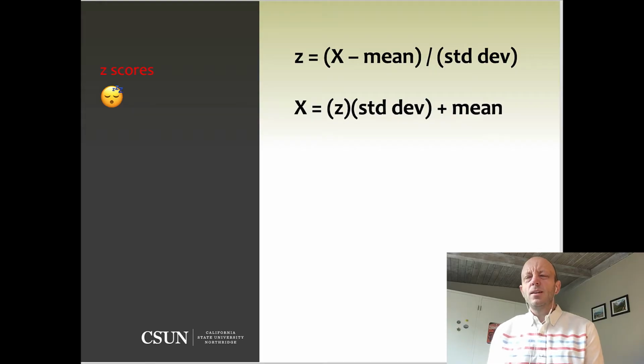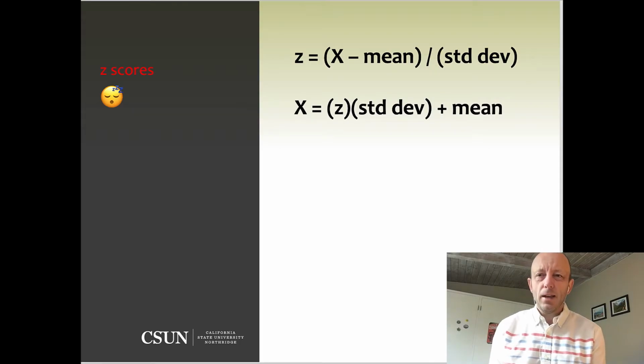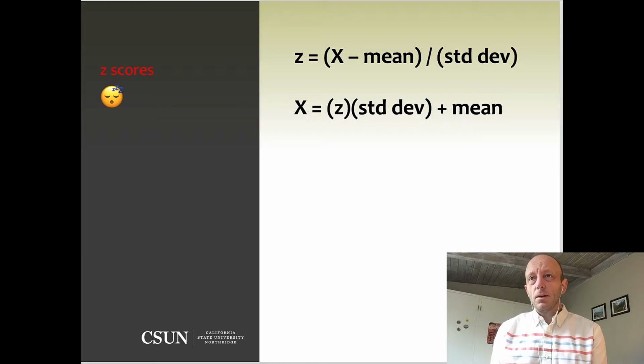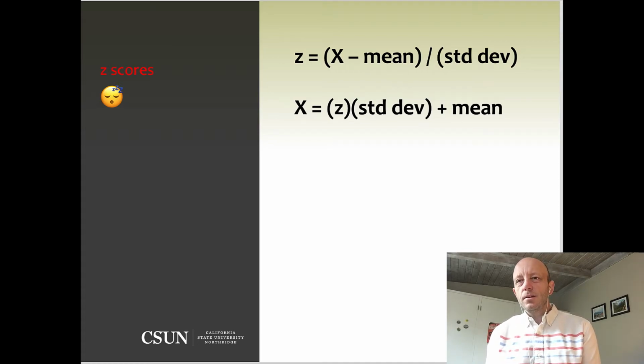You also see the switch here. So x equals z times standard deviation plus mean. Well, that's useful if you're given, let's say, a z-score and you want to plug that in to get an x. X is just the score, the exam score, whatever is on your scale there, given in the problem. So sometimes maybe in a homework problem you're asked for a z, you're given an x.